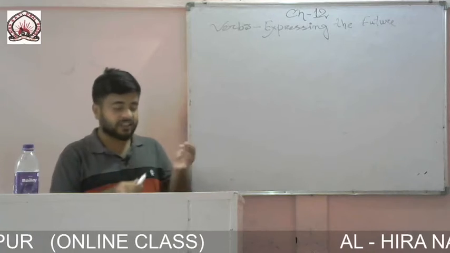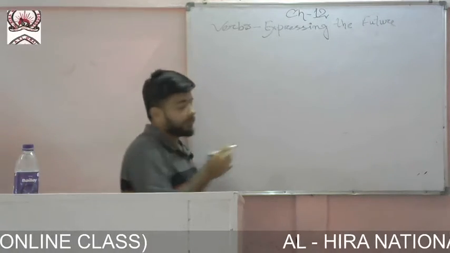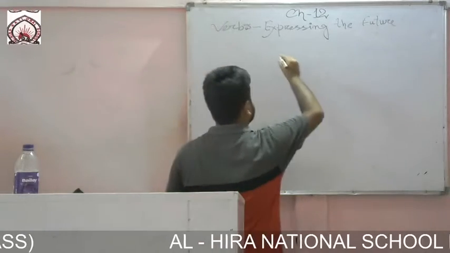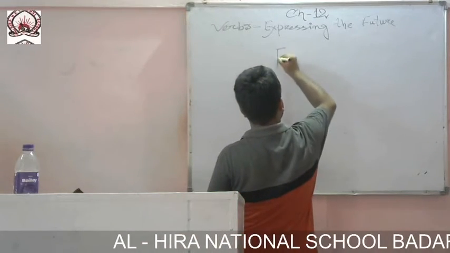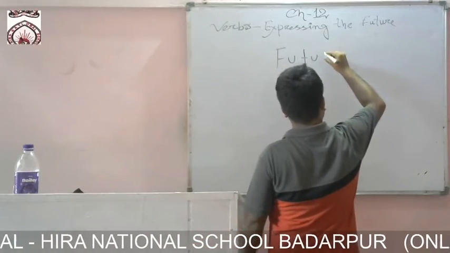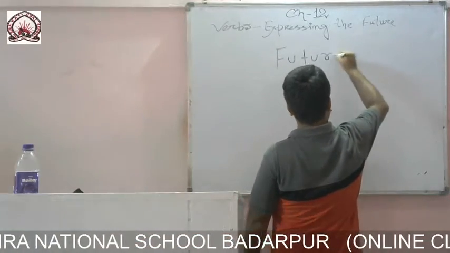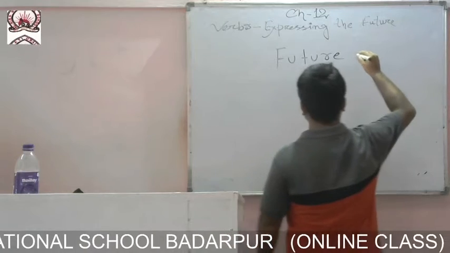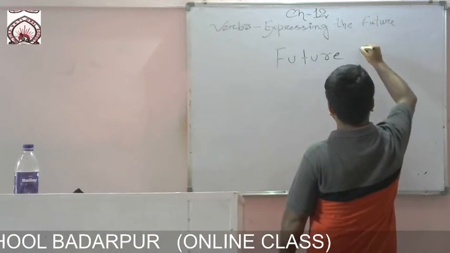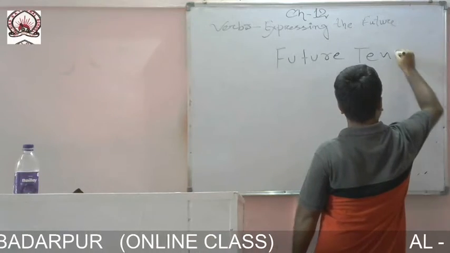So future tense is of four types. We know that future tense is the action which takes place in future. Future tense, T-E-N-S.